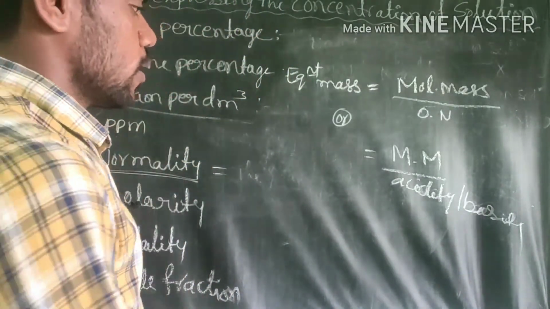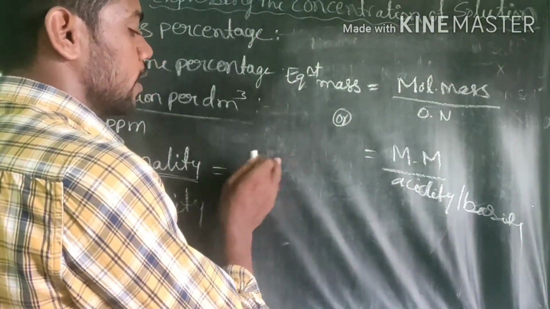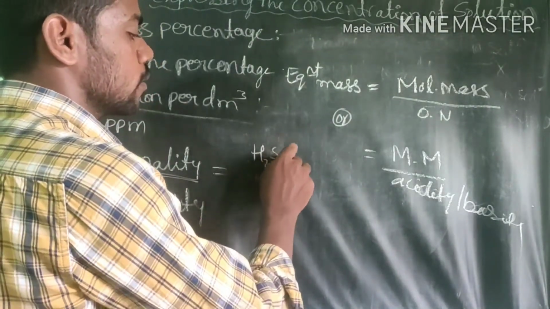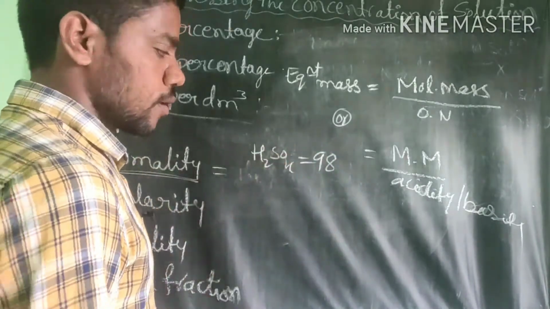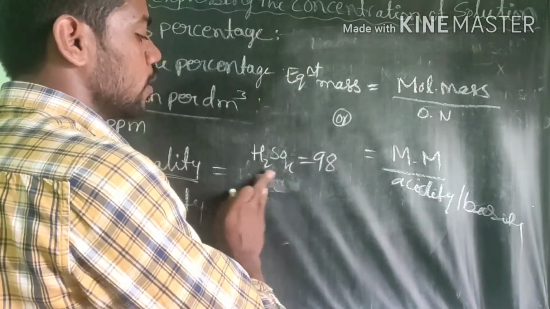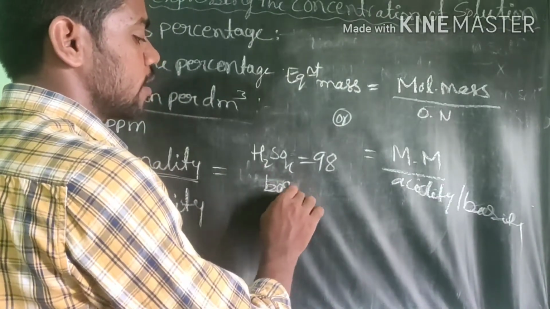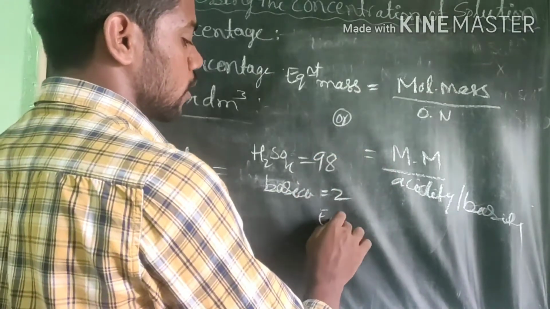Okay, let us calculate one example. I take H2SO4 only. H2SO4 molecular mass is 98 and acidity is, sorry, we are going for the basicity, because it is an acid. Basicity is 2. How to calculate the equivalent mass?